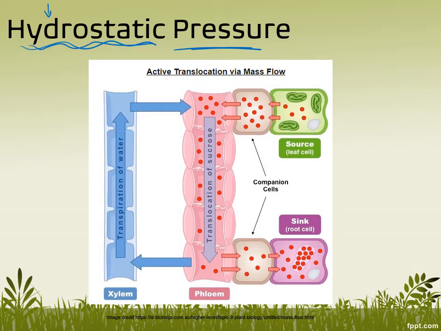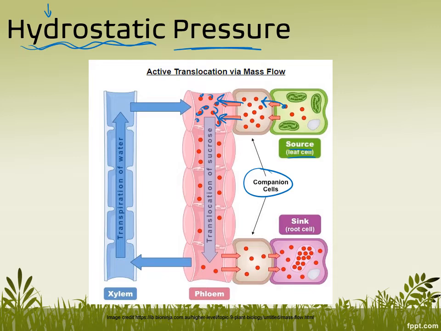So what happens is we have this source, this leaf cell. It's going to make some sugar. It's going to get loaded into the companion cell. The companion cell is going to do that hydrogen ion sucrose loading thing with the co-transporter protein. We're going to end up with lots and lots of sucrose molecules in the sieve tube elements.